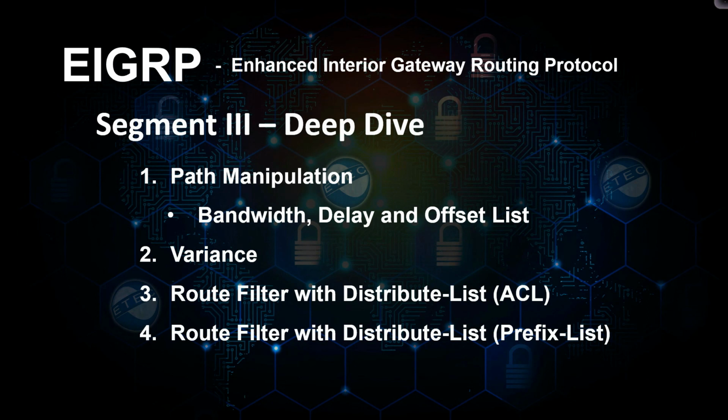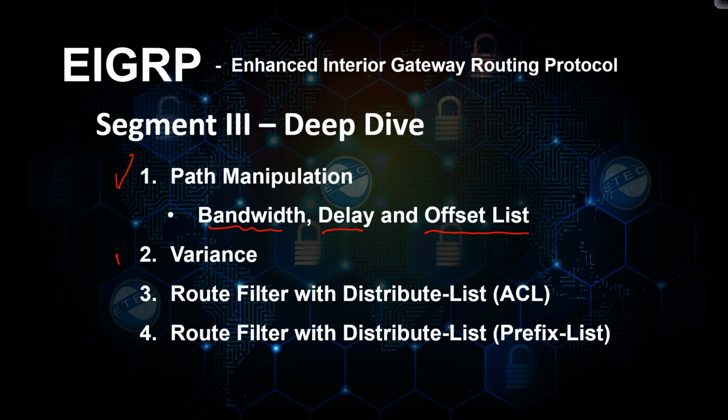Let's do a quick recap of this video segment, the deep dive of EIGRP. First, we went through path manipulation. By altering the bandwidth and the delay of an interface, we force EIGRP to take one path through a remote network. We followed up with the use of offset lists, which allow us to have more granular control and force EIGRP to choose the path we want it to take.